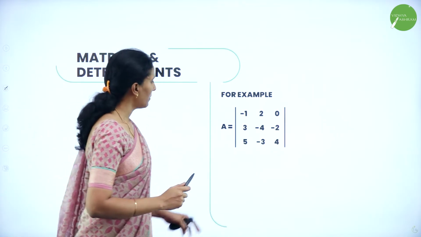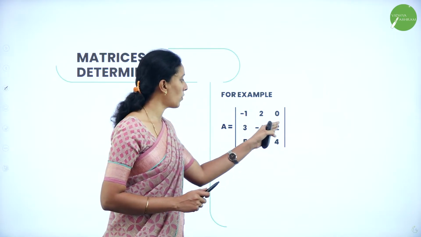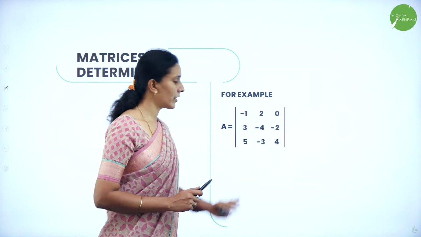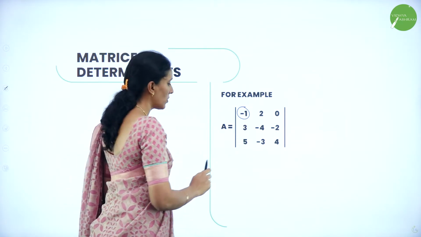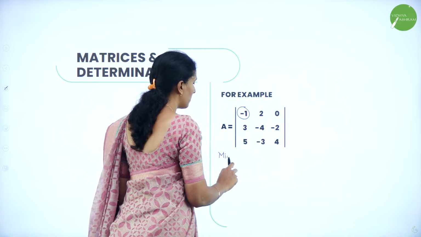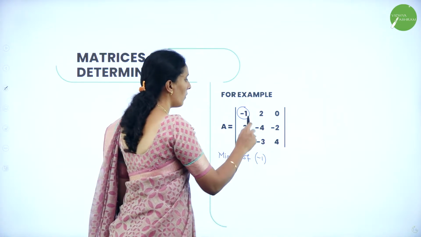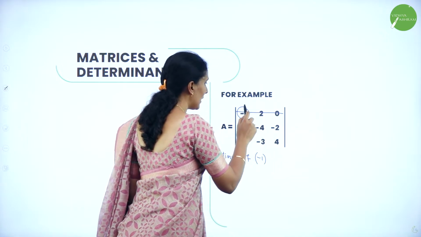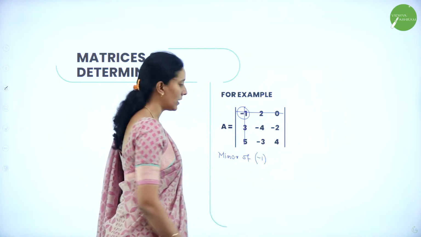So for example, let me take A is equal to minus 1, 2, 0, 3, minus 4, minus 2, 5, minus 3, 4. Now I need to find the minor of minus 1. So delete the row and delete the column containing minus 1. What are the elements remaining here?